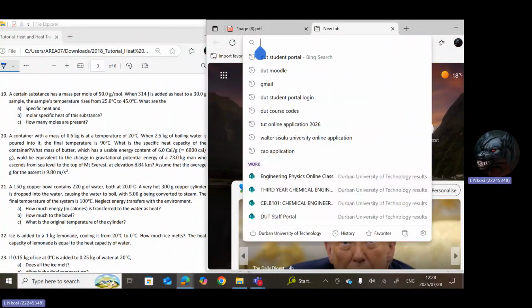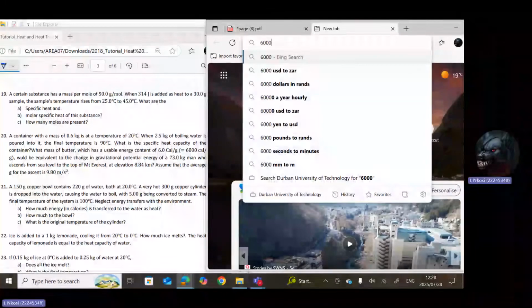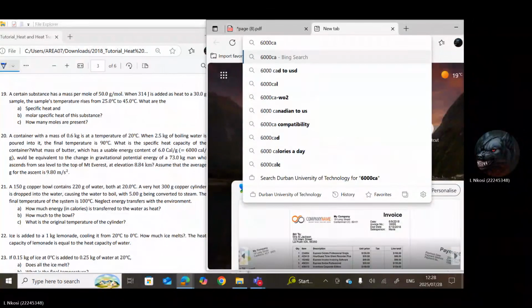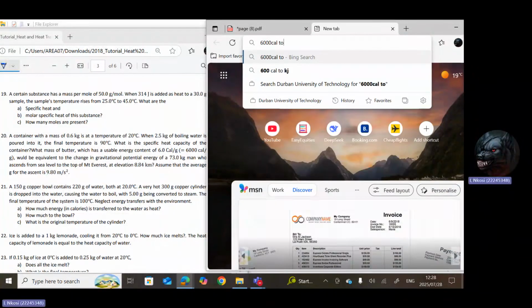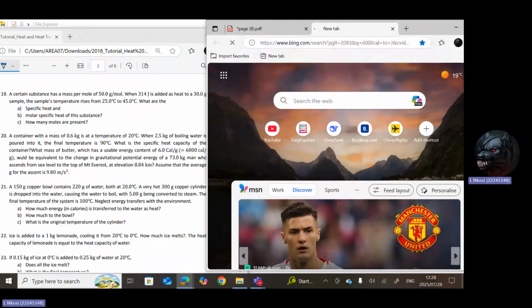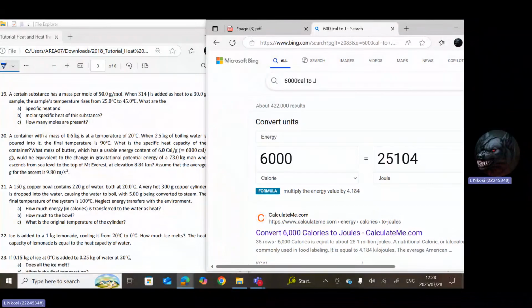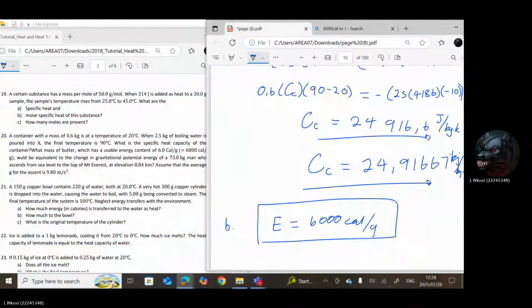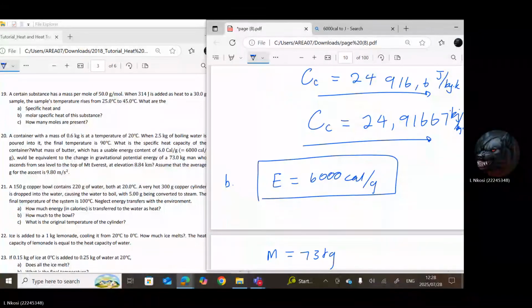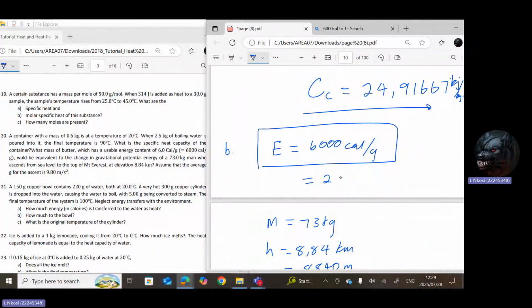So it is 6,000 calories, which is 25,104 joules.